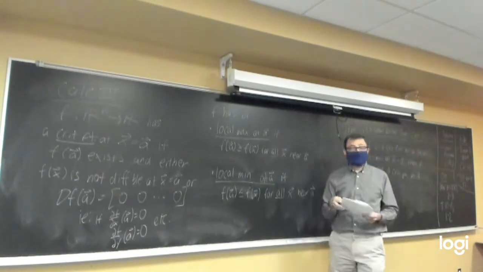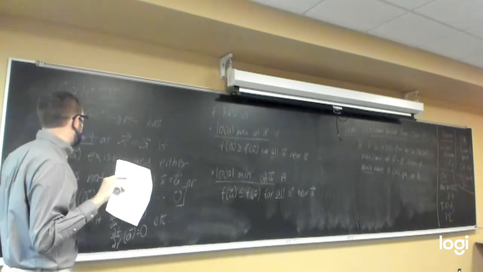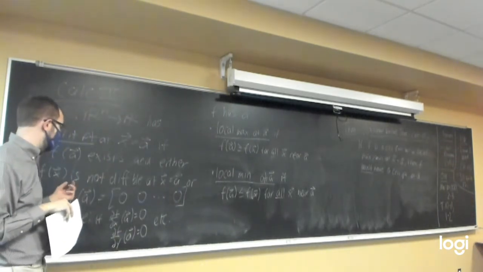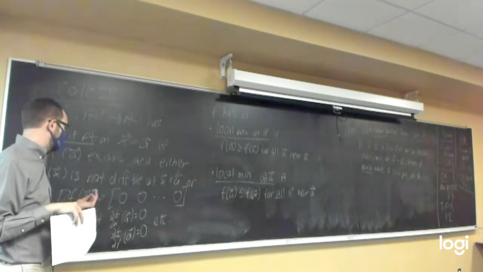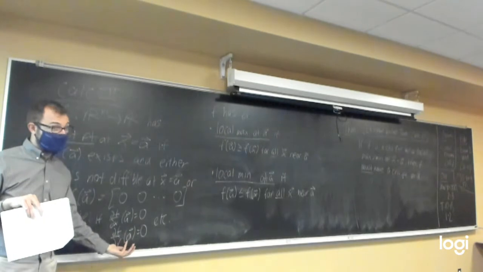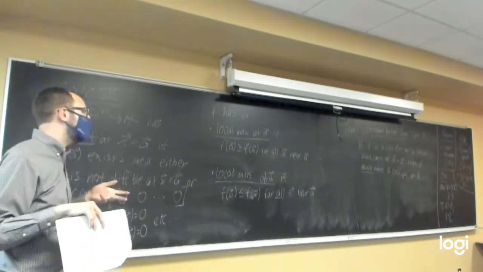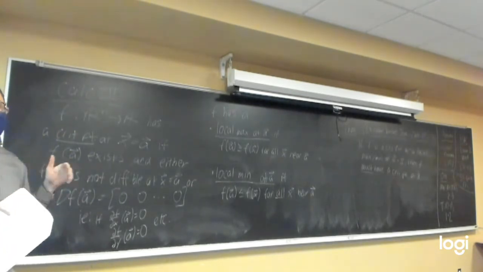So just like in Calc 1, if you have a local max or a local min, then you have to have a critical point. A point in the domain where either f is not differentiable or where the derivative is just a zero matrix, meaning all the partial derivatives come out to zero. If you have a local max or a local min, a critical point is going to happen.